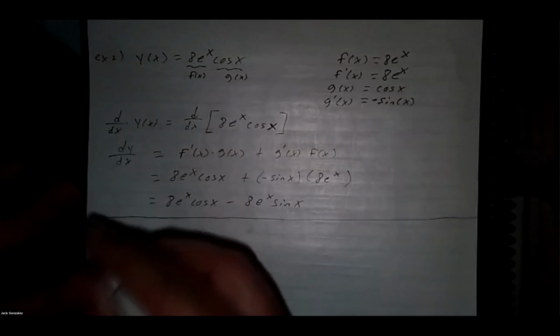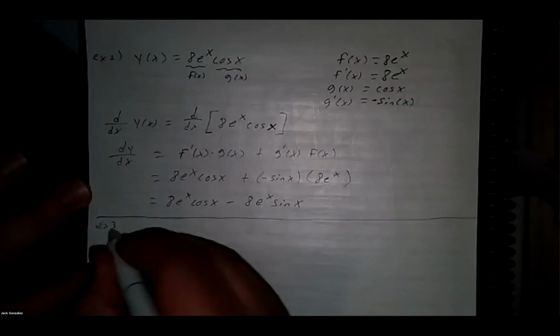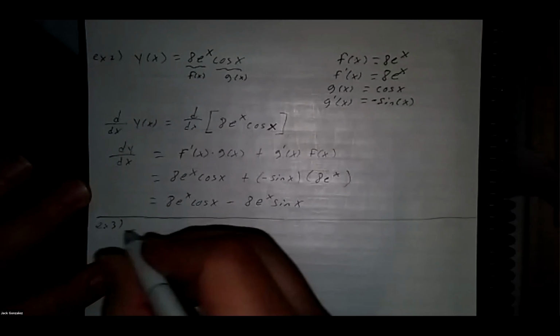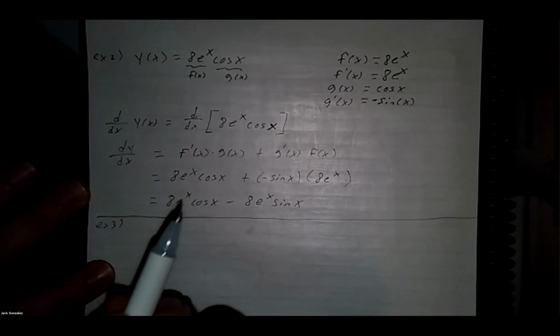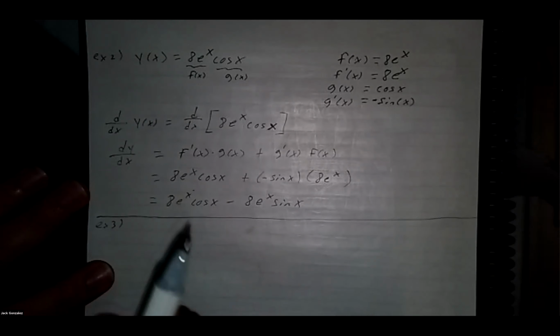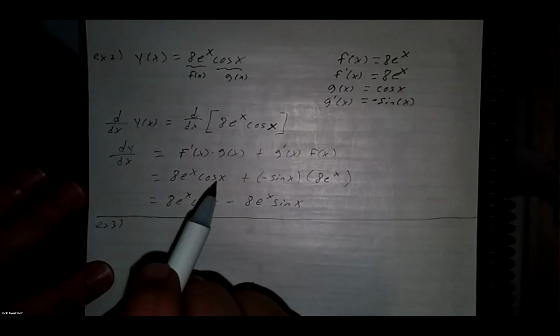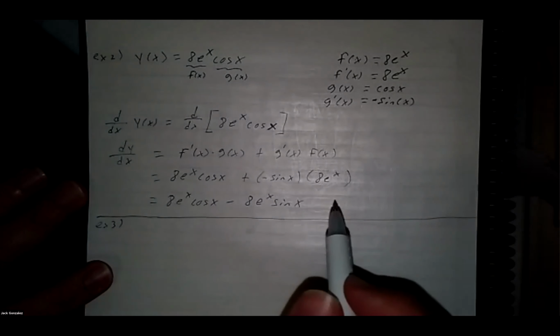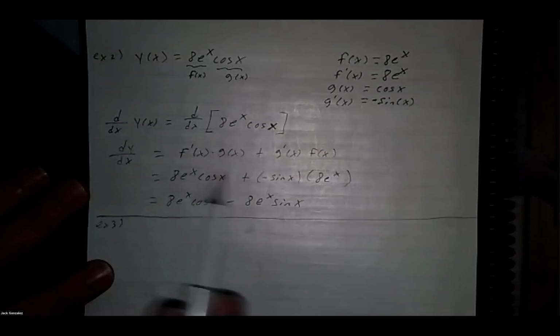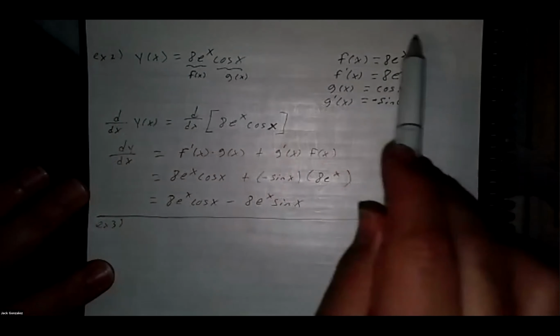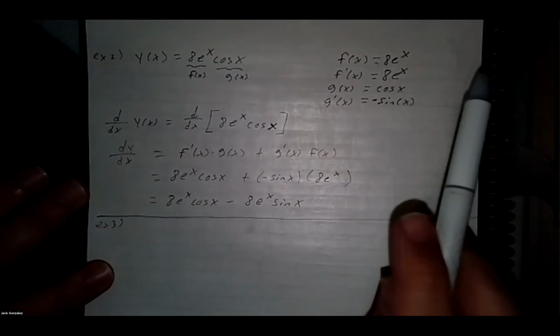All right, so example 3. By the way, I have not been writing the instructions, so assume that all the instructions are find the first derivative. For your notes, all I wrote was the function. I should be writing find the derivative of the following function.